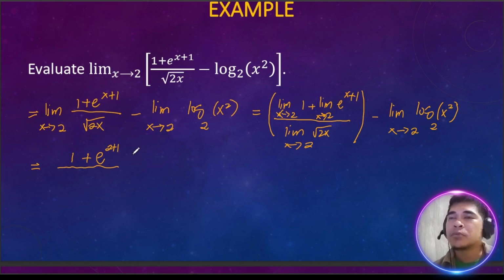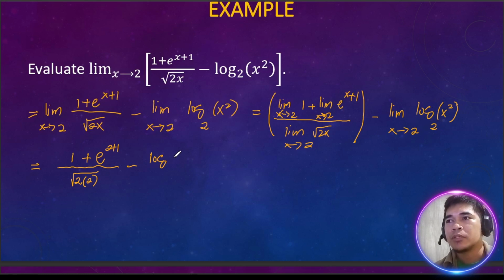And then the limit of the square root of 2x as x approaches 2 is the square root of 2 times 2. So the value of our x is replaced by our a. Minus, we have the logarithm of x squared to the base of 2 as x approaches 2. So we get the logarithm of, what is our a? According to the theorem, x is replaced by a.